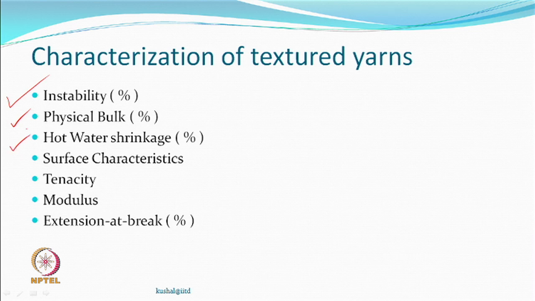Shrinkage, anybody will like to measure whenever you want to. Hot water shrinkage means that you are actually looking at thermoplastic material which can get affected by thermal treatment. This is one, but you can measure any kind of shrinkage. One always believes that at room temperature shrinkage may be less. So, you go for a little higher and look at it, because with a washing machine or anything else the temperatures could be different.